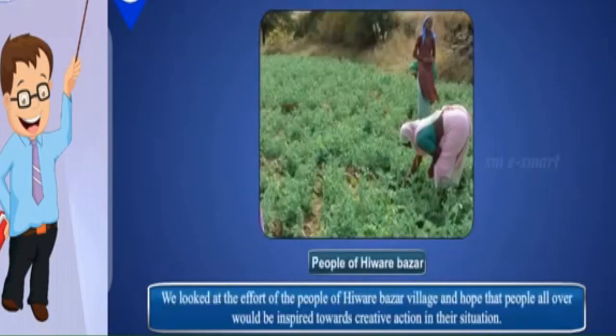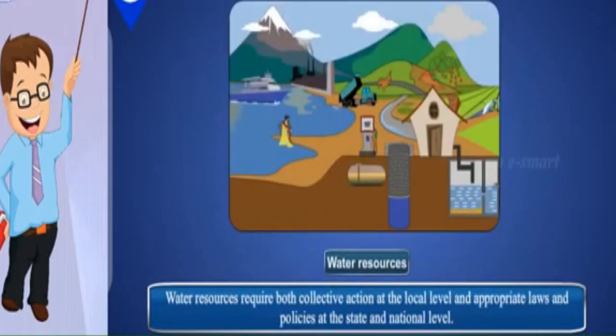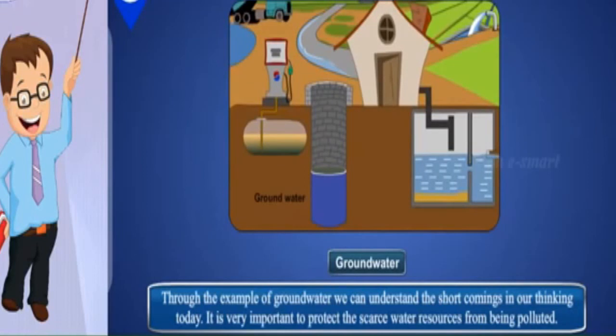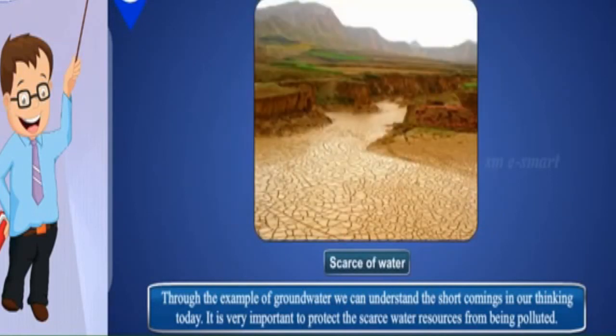We looked at the effort of the people of Hiware Bazar village and hope that people all over would be inspired towards creative action in their situation. Water resources require both collective action at the local level and appropriate laws and policies at the state and national level. Through the example of groundwater, we can understand the shortcomings in our thinking today. It is very important to protect the scarce water resources from being polluted.